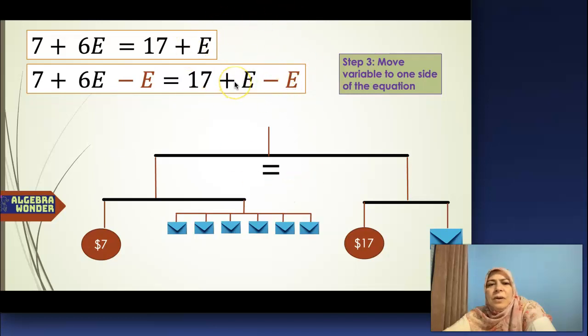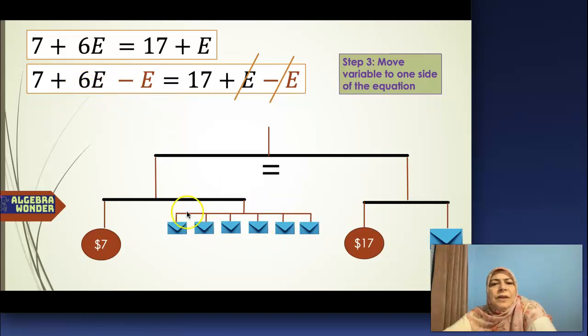The opposite of one positive envelope is negative 1 envelope. If you take away one envelope from here, you have to take one envelope from here to keep the balance. So be careful with that. Now you can eliminate this envelope.